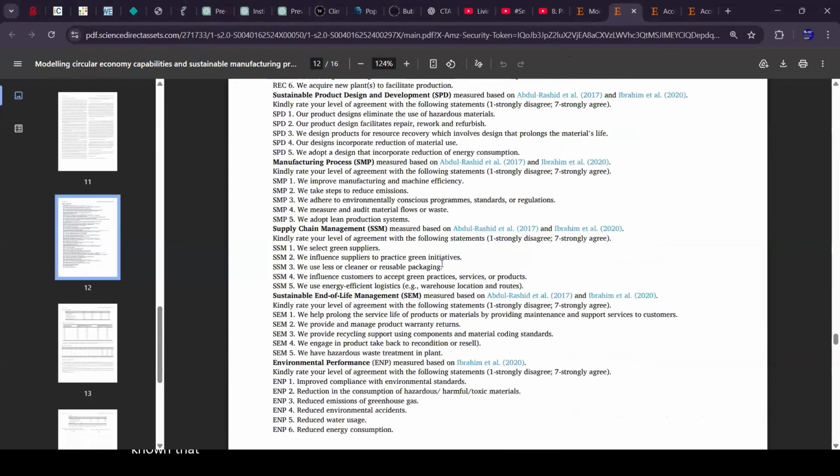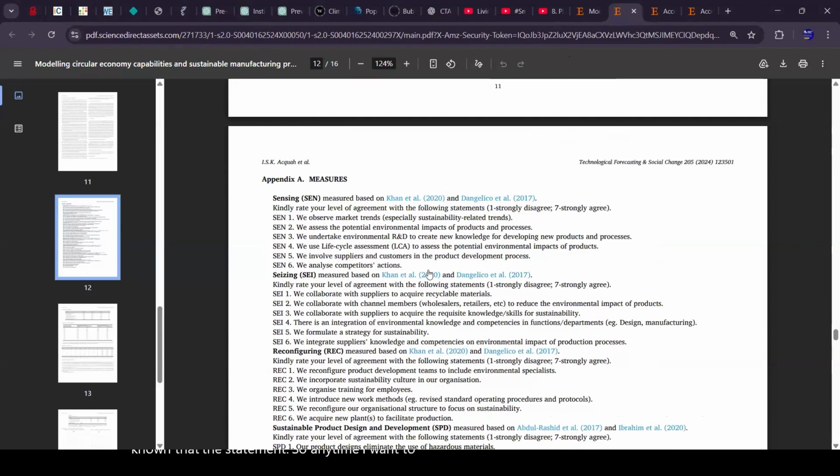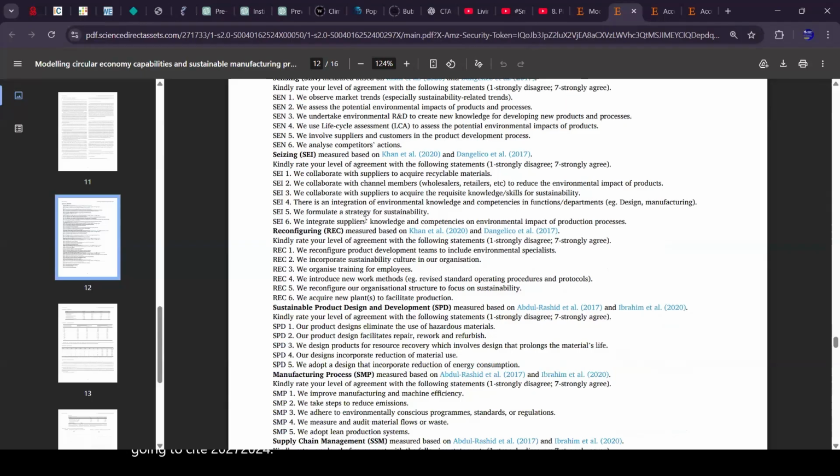So anytime I want to do any paper concerning sustainable manufacturing, I'll come here and pick my scales from here. And if the questions fit the context, I'll just adapt them. That is all. In that case, I'm going to cite Aqua Ita 2024. So that is how it is.